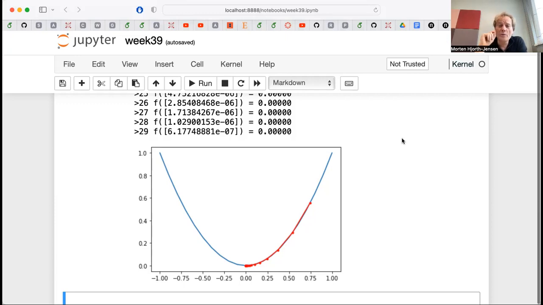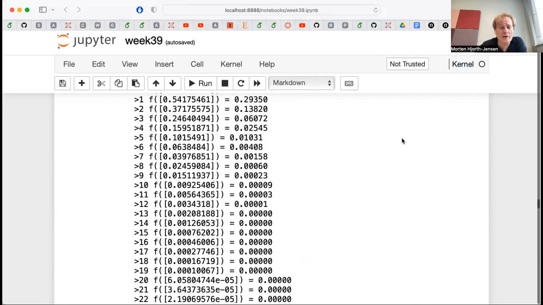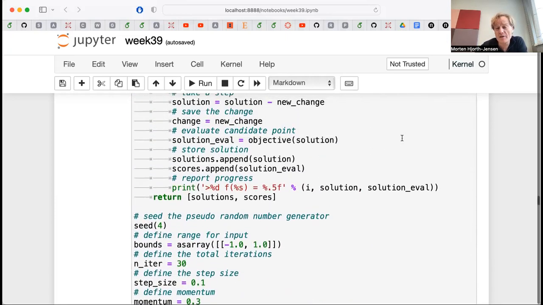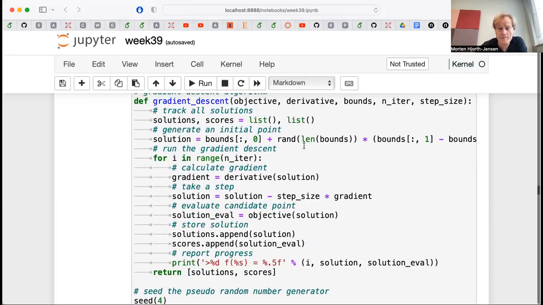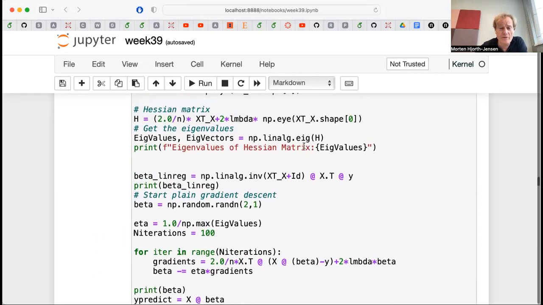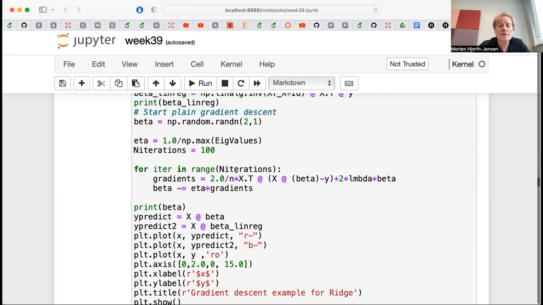Now, we are going to look at how we can perform these calculations without calculating the whole gradient. So in the calculations which you saw here, we have the exact gradient, but in the examples which we discussed last week, if you look back at the equations, we run through all the matrix elements of the gradient. So we have a matrix X of dimensionality number of entries n times number of features p.